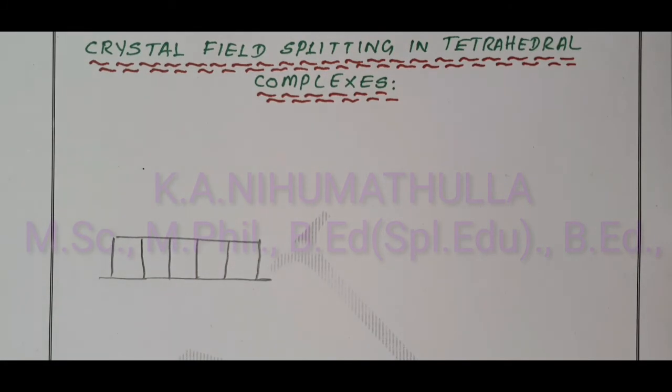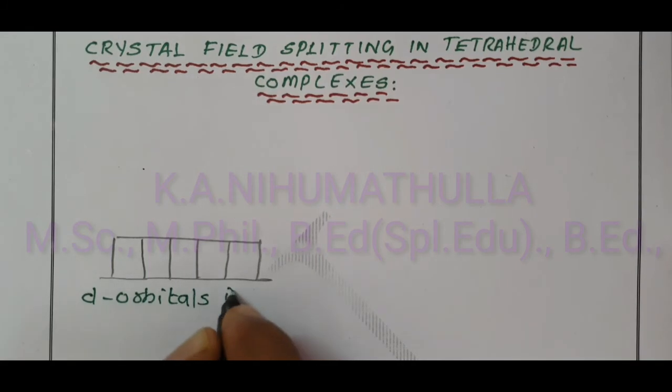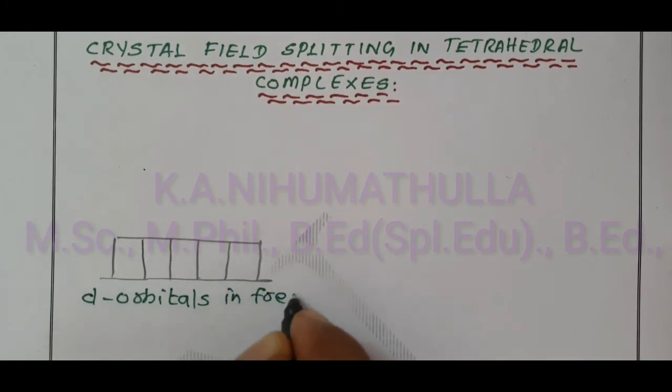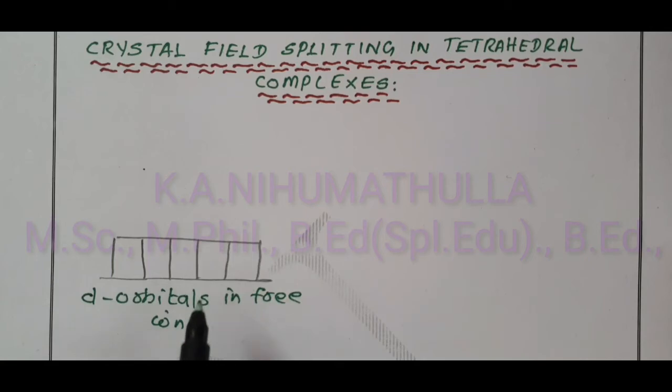What are those orbitals? D orbitals in the free ion. D orbitals in the free ion are called the isolated gaseous atom. These orbitals are present in the isolated gaseous atom.